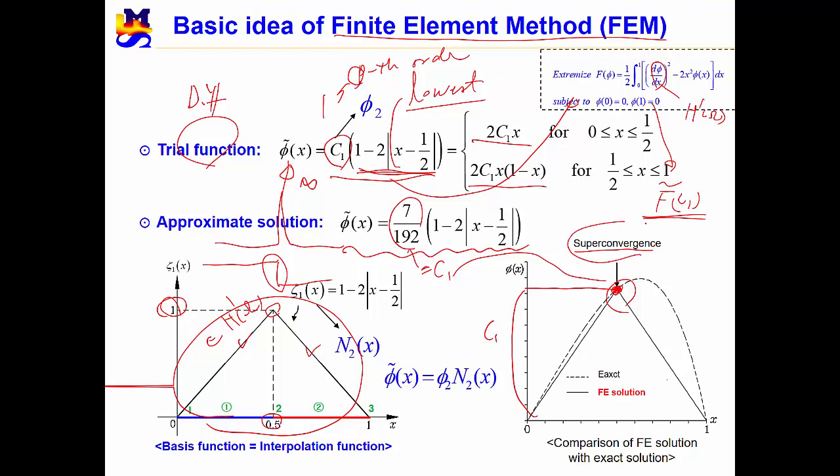We found that the superconvergence happened at the slope discontinuity point because the basis function value at this point equals 1. The unknown constant became the unknown function value itself. This fact is really important in terms of automation, that is computerization, of generating the basis function and the feasible trial functions.